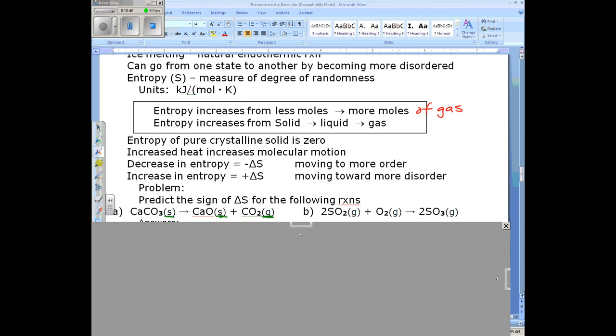We're going to get our moles here by coefficients. It tells us the relative number. So I have 2 moles of sulfur dioxide, 1 mole of oxygen gas, so that's 3 moles on this side. And on this side, we're going to 2 moles. All right, so are we moving toward more disorder or more order? More order, so delta S is negative.